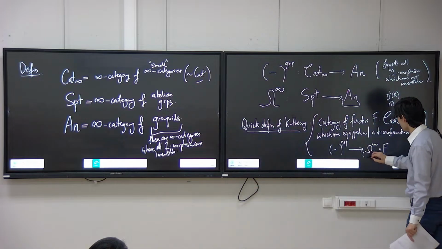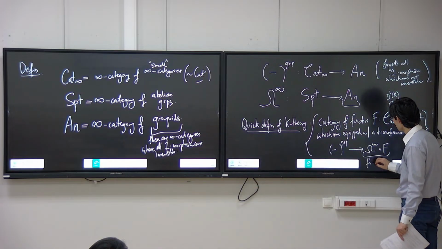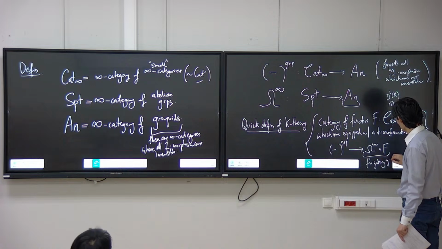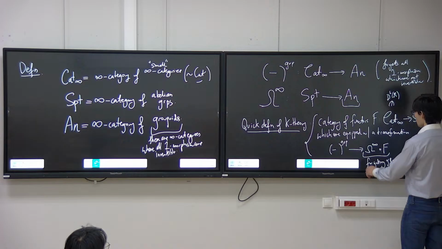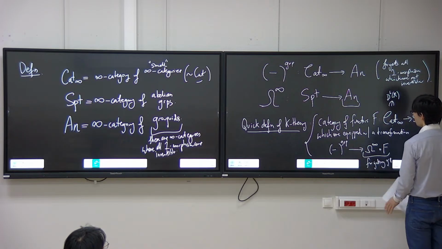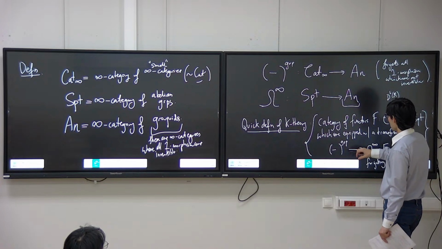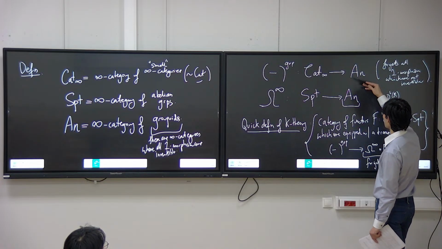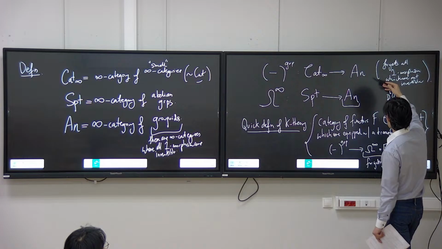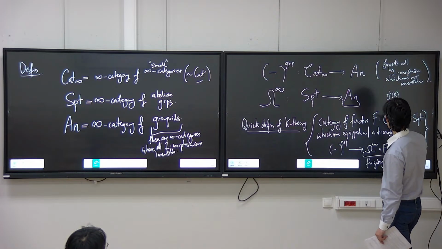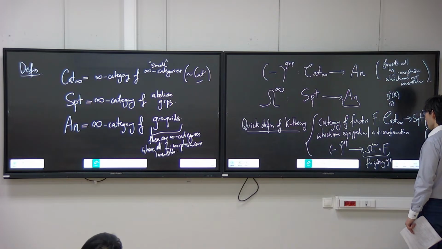So this is like forgetting the group structure. And this transformation is just basically keeping track of that, so maybe it's not too crazy what this functor is doing.